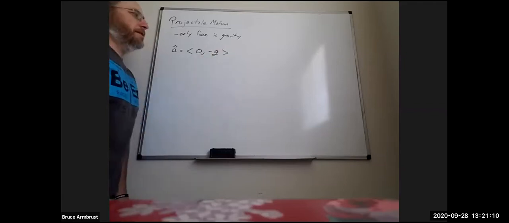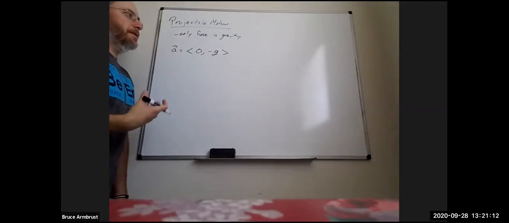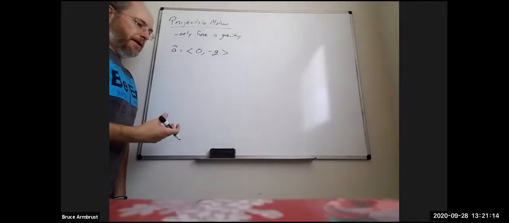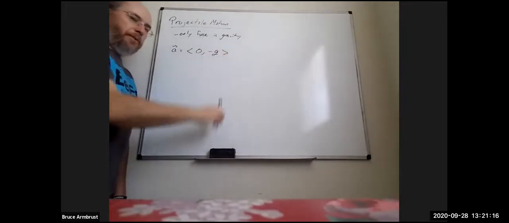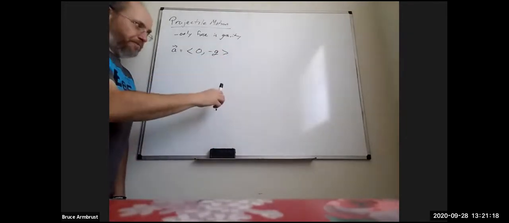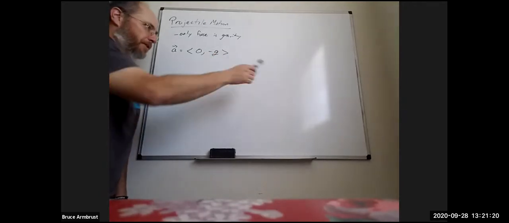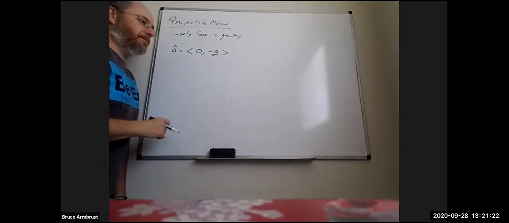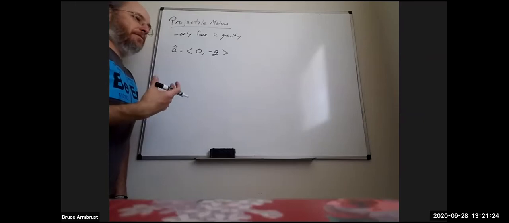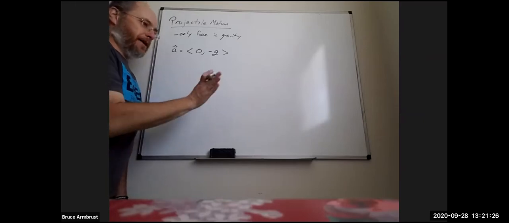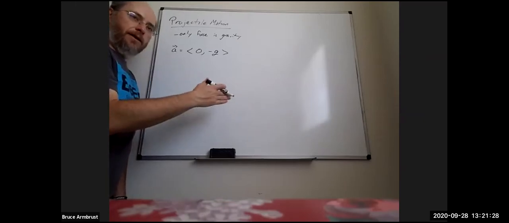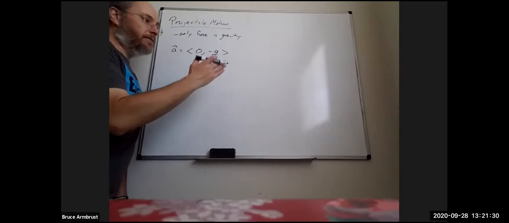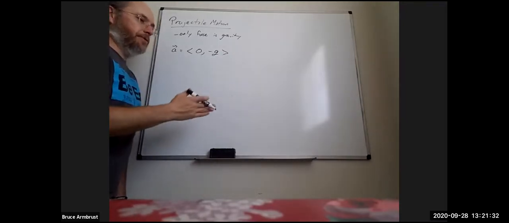And so the acceleration is going to be given by 0, negative g. So the y component will be up and down like we're used to. And the x component will just be in the direction of travel. And even if this particle is moving at some weird angle, we can just be in line with that angle, and then we're moving two-dimensionally.